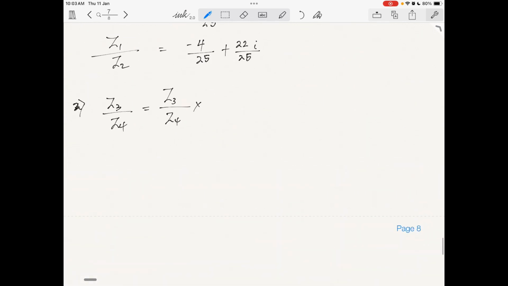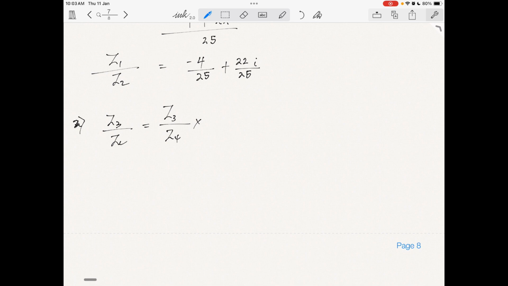Now, if we look at this, the denominator is z4, and the conjugate of z4 is z4 bar. So we are going to multiply the numerator and the denominator by z4 bar.